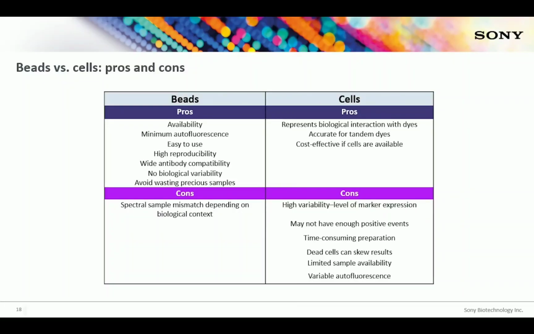When you have limited sample availability, of course, sometimes you cannot afford to have single stain controls prepared with cells. And as we discussed, they have a variable autofluorescence and sometimes it's very difficult to overcome. So understanding these trade-offs helps us to choose the best controls for each experiment.